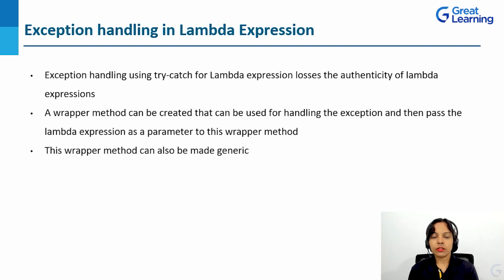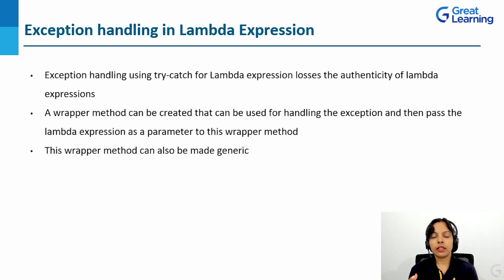To solve that, a wrapper method can be created for handling the exception, and then the Lambda expression is passed as a parameter to the wrapper method. Meaning, we can have exception handling done with the help of a wrapper method. This wrapper method will be responsible for handling the exception, and the Lambda expression will be passed as a parameter to this wrapper method.